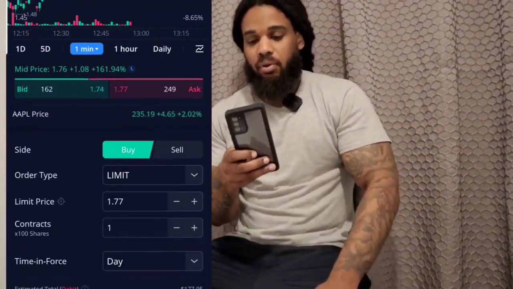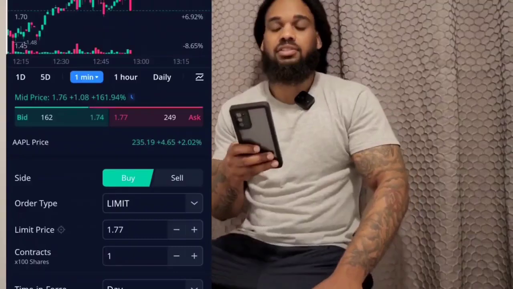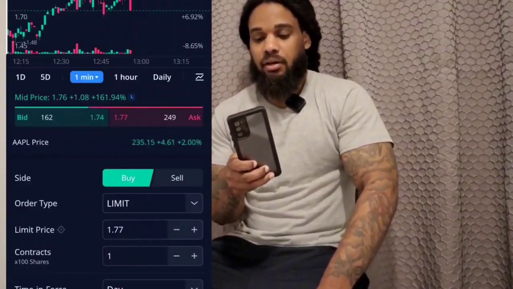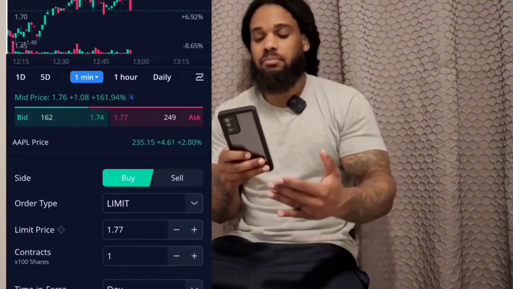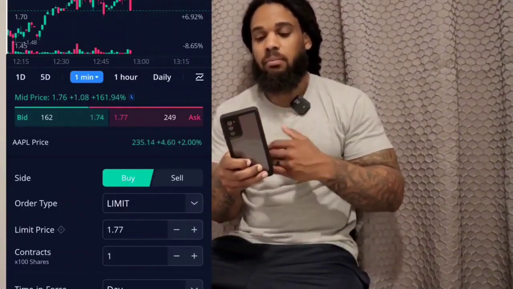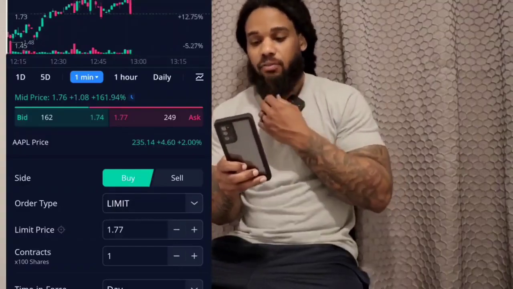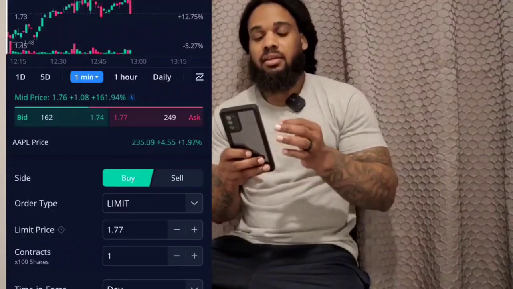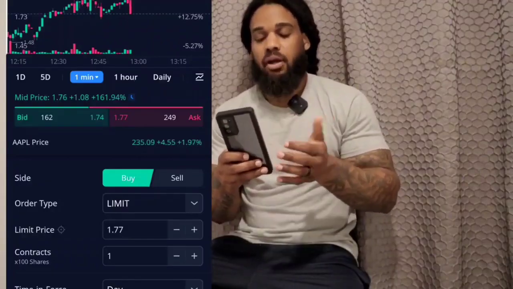The mid price is pretty much where you could potentially get the option, and the ask price is what most sellers are asking for right now, and the bid price is what most buyers are asking for right now.